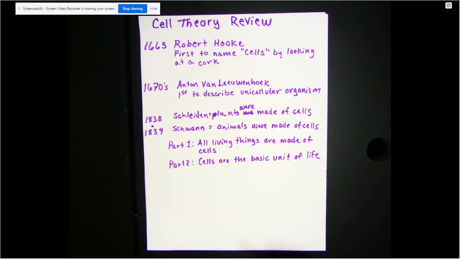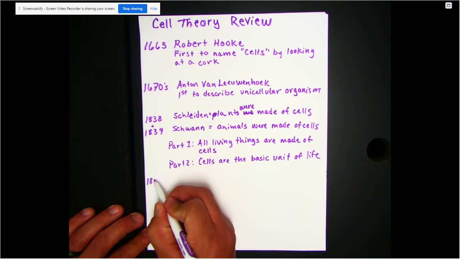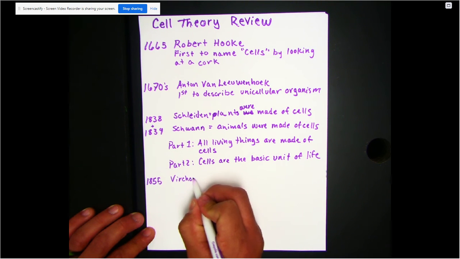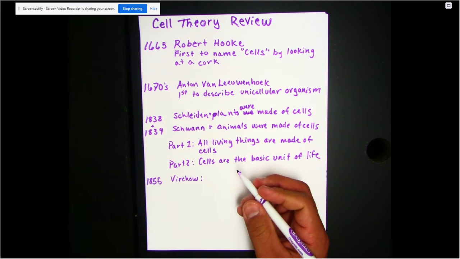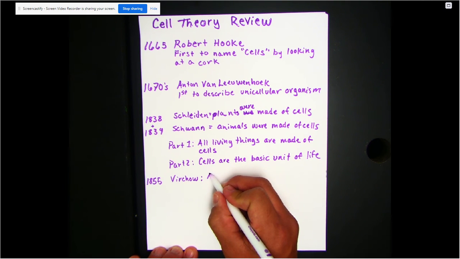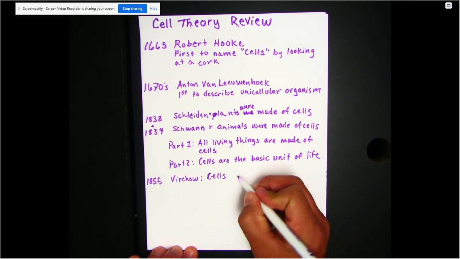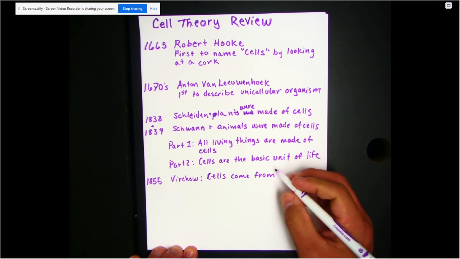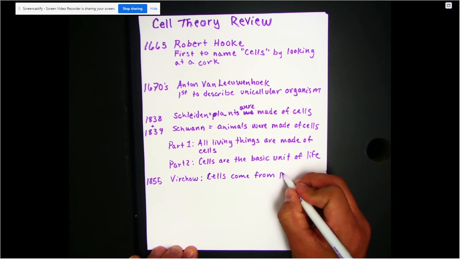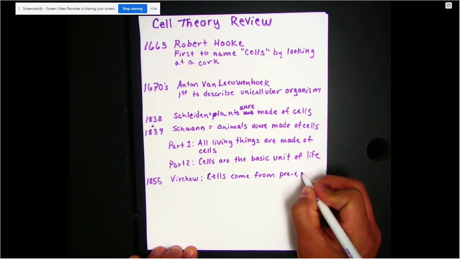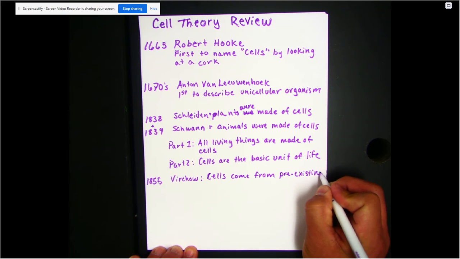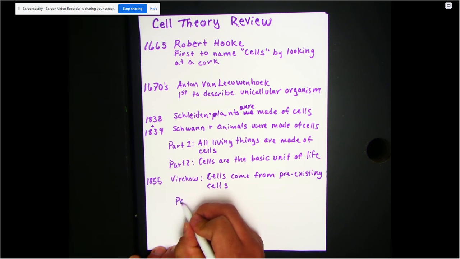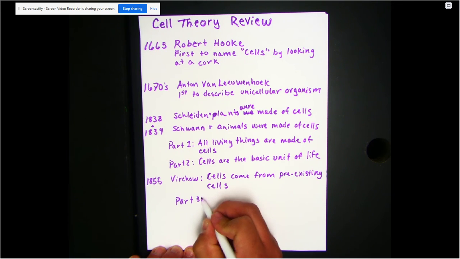Then lastly, we had Rudolf Virchow, who discovered that cells come from pre-existing cells, which gave us part three.